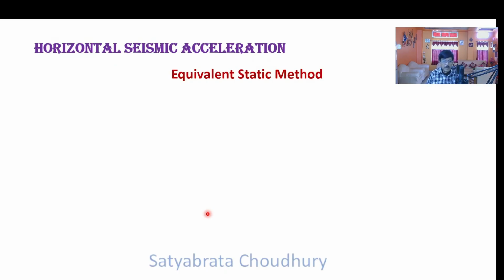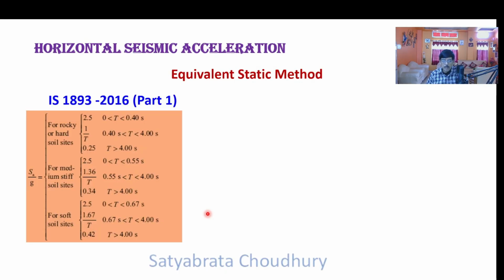Now let us take the horizontal seismic acceleration as per the equivalent static method given in IS 1893-2016 part 1. Our building has a time period of 1 second, so it is falling in the range 0.4 second to 4 seconds, and the expression for spectral acceleration is given by 1 by T. So T is 1 second, so Sa by g is 1 by T, which is equal to 1.